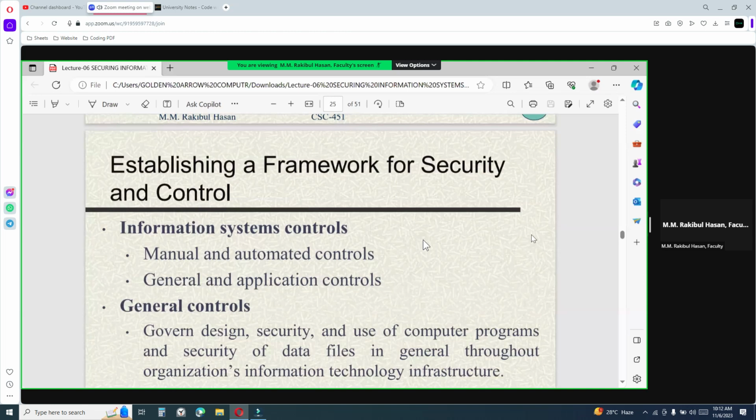I may tell you that the question may be: discuss how we can develop a security framework for an information system. Then you have to write down 7 points under this lecture. In total we have 7 points. You have to describe them one by one, but definitely briefly. And it's better if you give examples and other things.